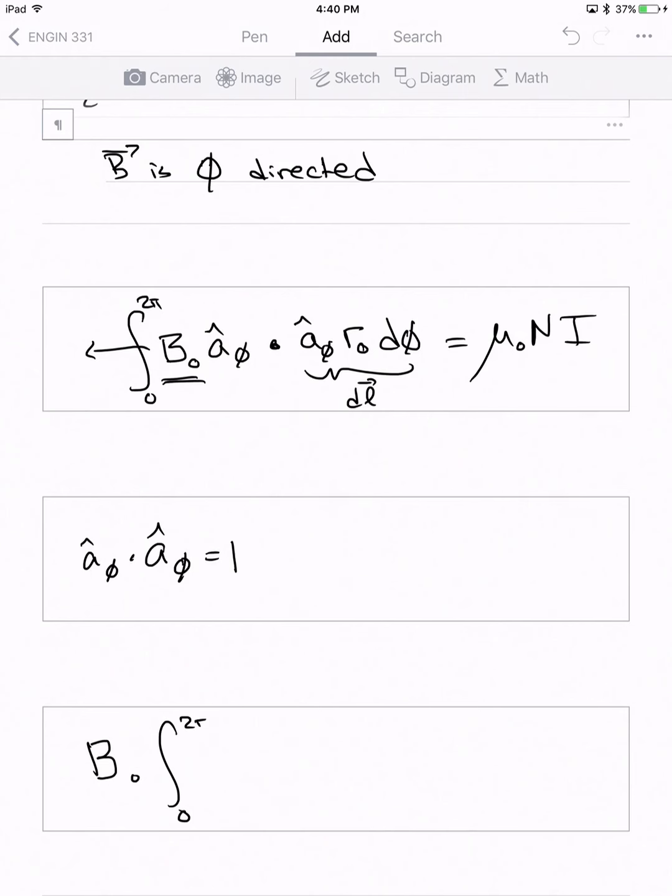Integral from 0 to 2 pi. Oh, and R naught can come out to the front too, because that doesn't depend on phi.